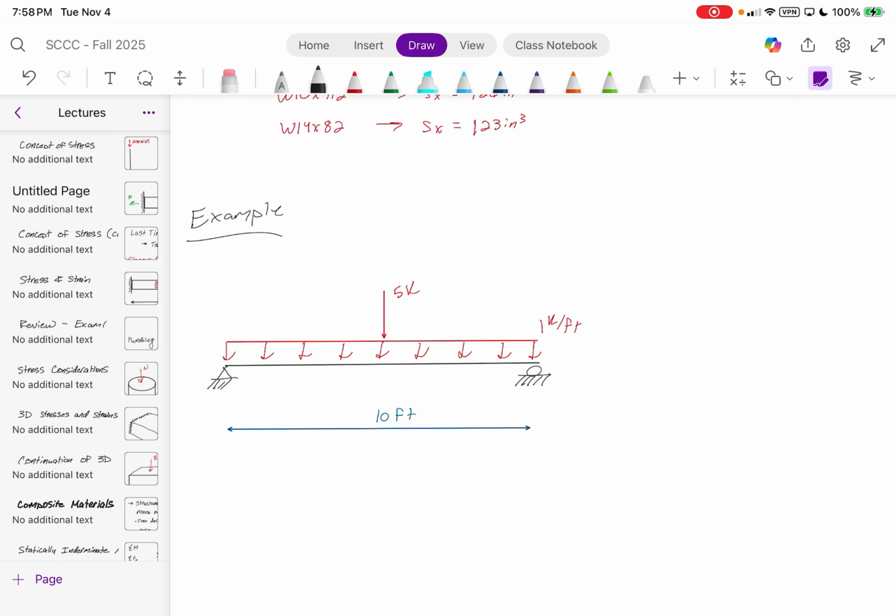So what do you guys think? Think we can use any of the tables? Is there anything in here that allows us to design with the tables at all, instead of having to draw the shear force and bending moment diagrams?